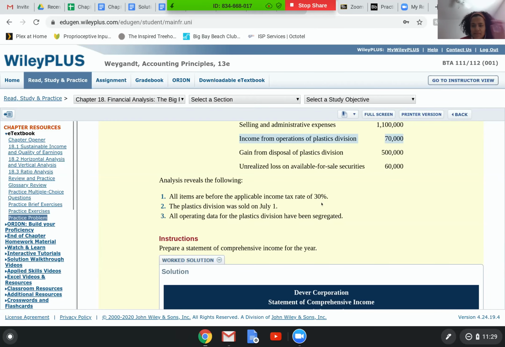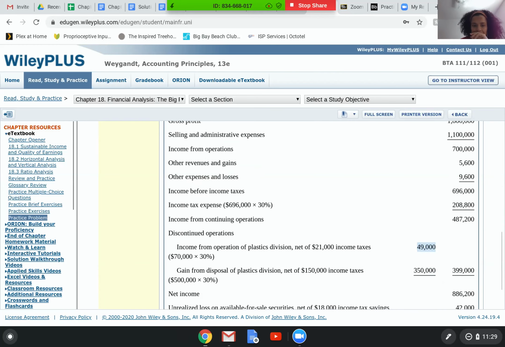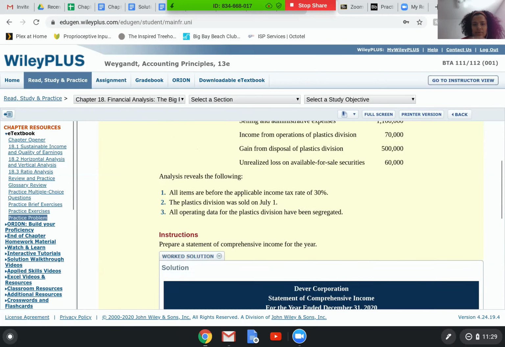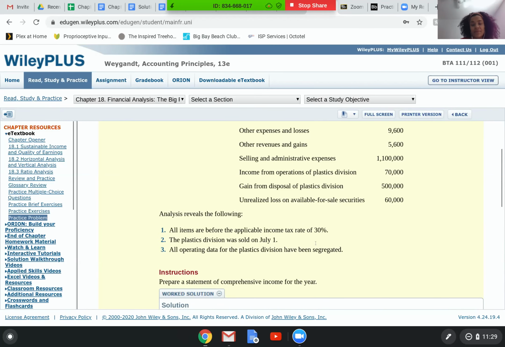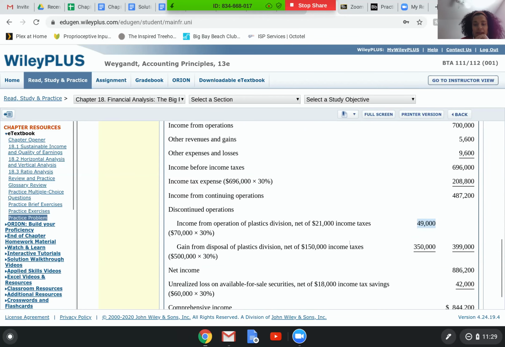Remember, 30% tax has to be applied to that. So the income would be net of 21,000 income taxes. So it's 49,000 in income. And then there was the gain on disposal of the division of 500,000. Once again, you have to net 30% tax. So it's 150,000 in income tax.